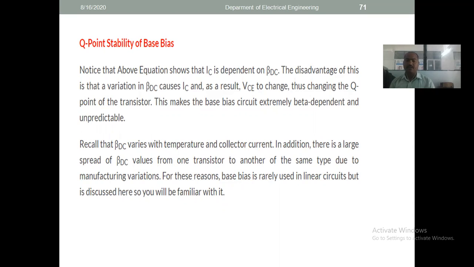All the time there can be changes in beta and other parameters, so this is not a method used for all applications for biasing a transistor.